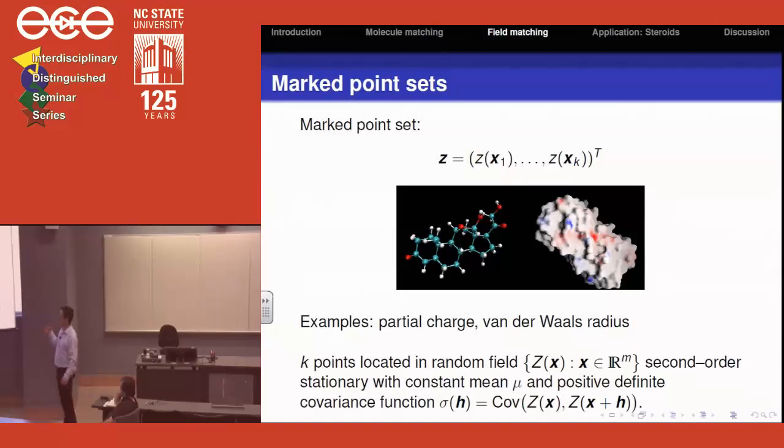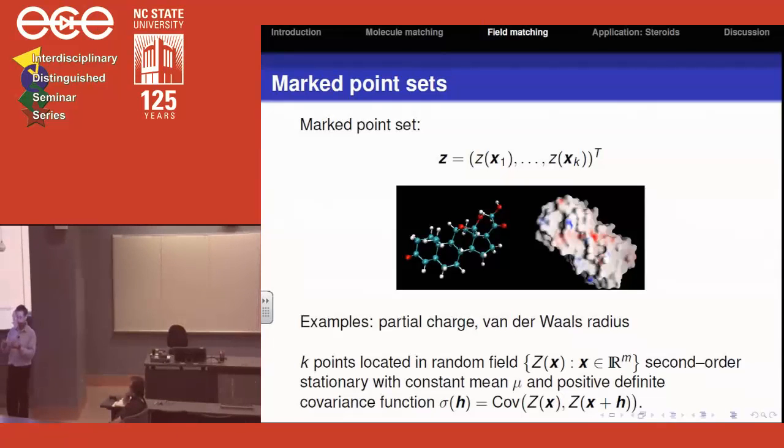So k points in this continuous field, and I'm going to assume something about the covariance function between different points. So points that are close together you would expect would have more similar values than points that are further apart. So this is my basic model, that the points are located in a random field.